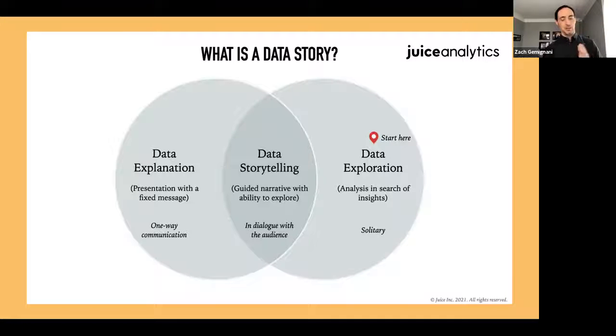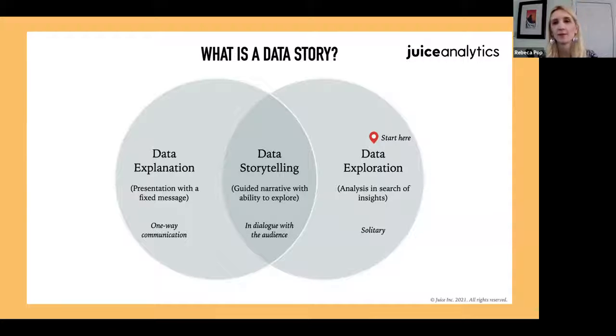But that's not really the way it works that often out there in the real world. I'm often looking at marketing data, which is changing all the time, and I need to have some flexibility, and I need to discover things together with my business partners. So I think interactive data storytelling is more often a useful tool.